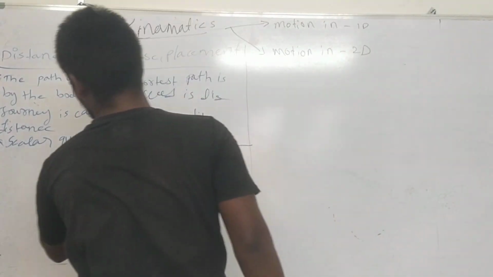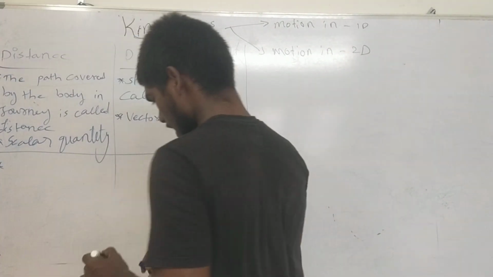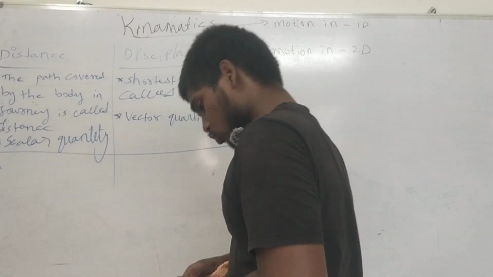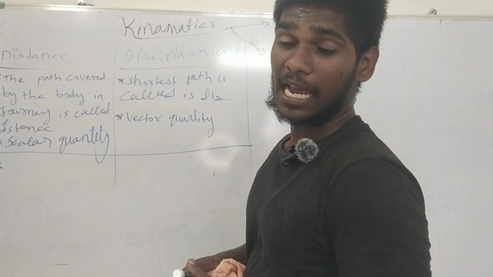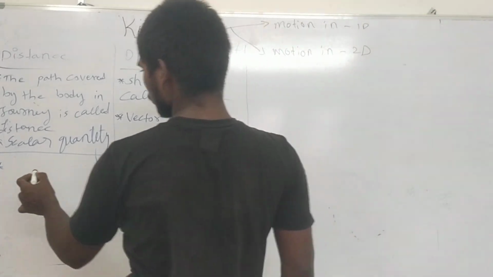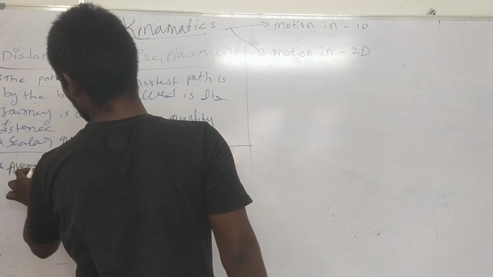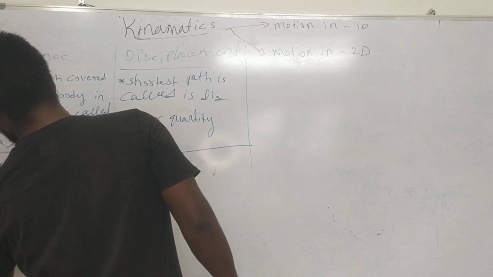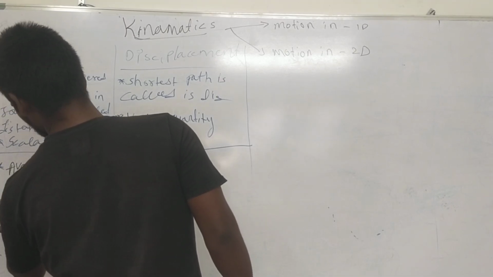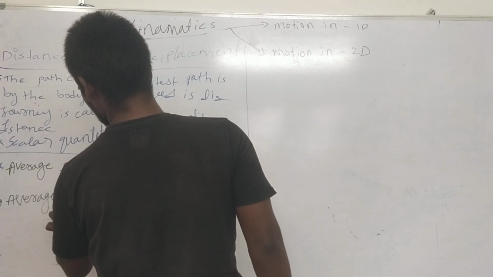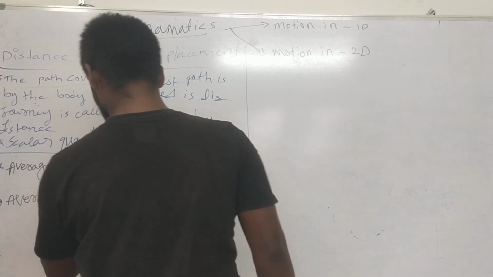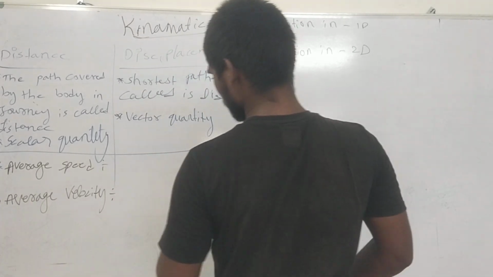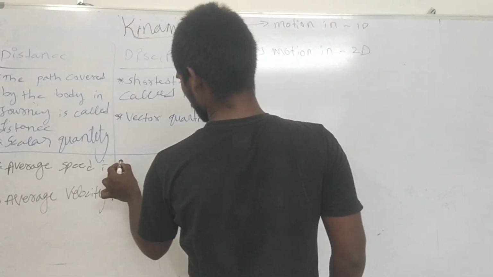Okay. The next basic things are average velocity and average speed. I hope you know the general formula of average speed and average velocity. What is the general formula for average speed?